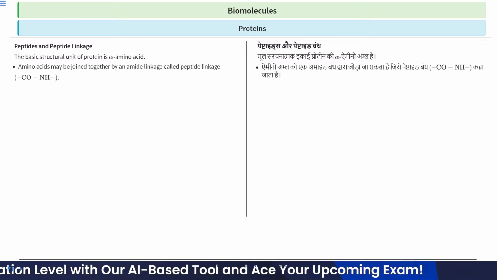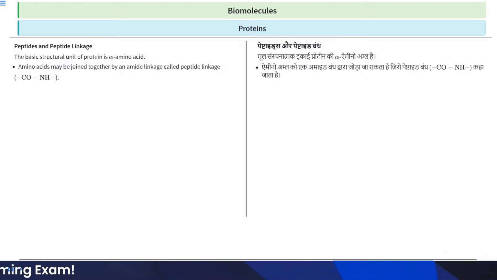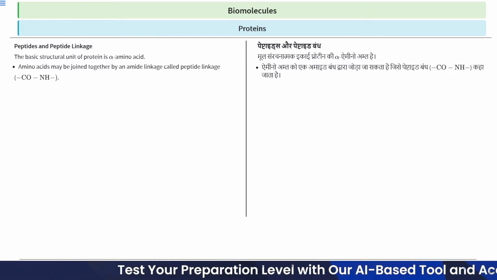Amino acids may be joined together by an amide linkage called peptide linkage. Various units of alpha amino acids are joined together to form a protein.